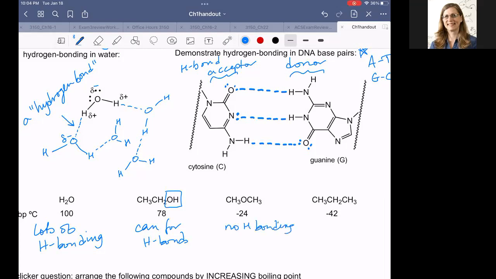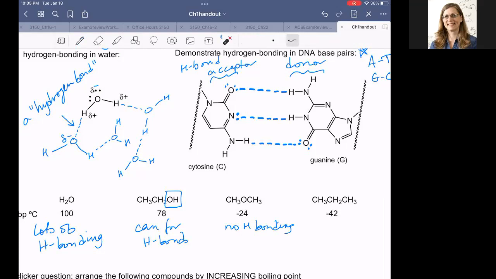They are isomers of each other. They both have the same number of carbons, oxygens, hydrogens, same size molecules, but one can form hydrogen bonds, a super strong attraction between molecules, which makes it very, very difficult to pull them apart from each other.